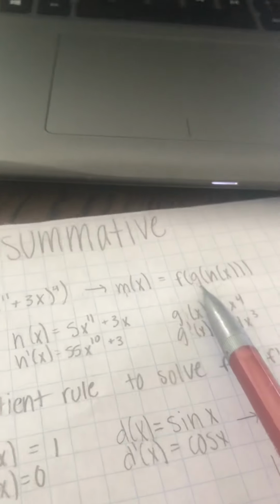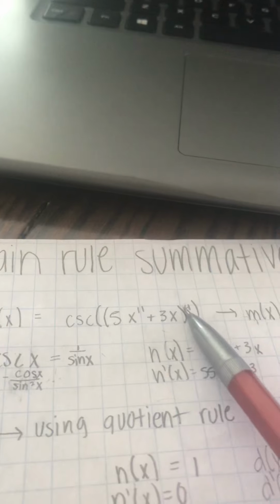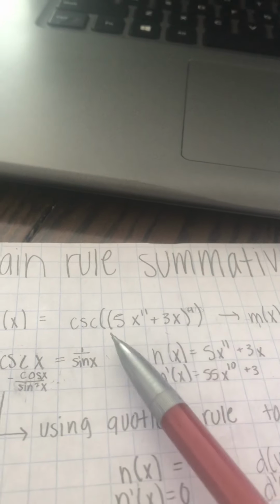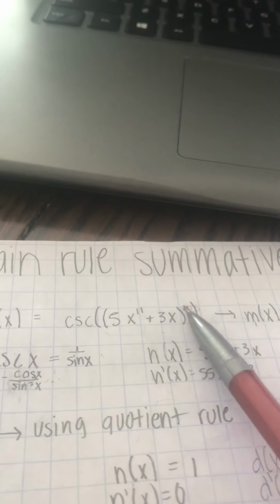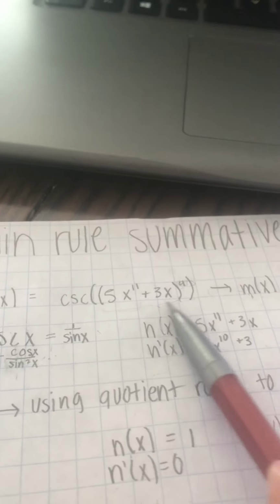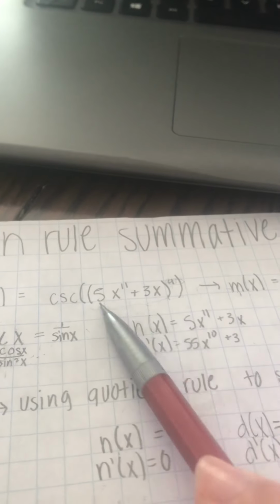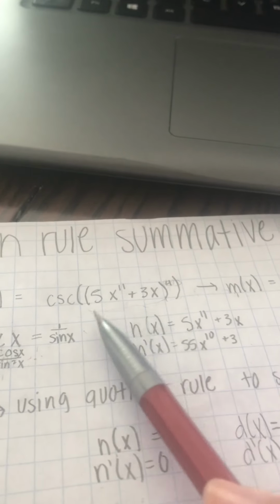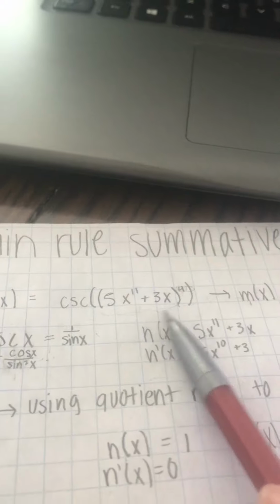And then my g of x is the x to the power of 4. That's right in here because this power of 4 is affecting everything inside the parentheses. And then my h of x is just everything that's inside right here, because it has the x's, it's just inside.